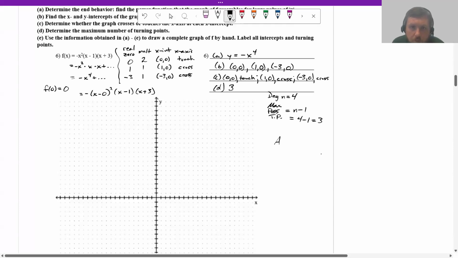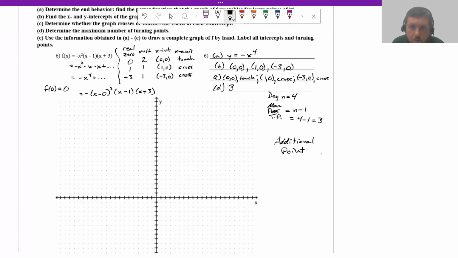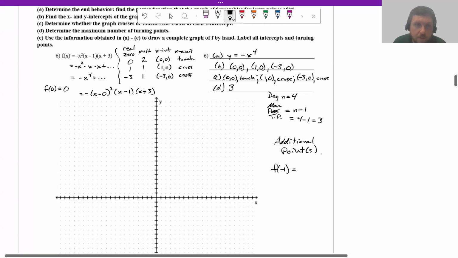So this is just additional points. So f of -1. That's going to be -1 times -2 times 2. So that's 4. So we have -1, 4.